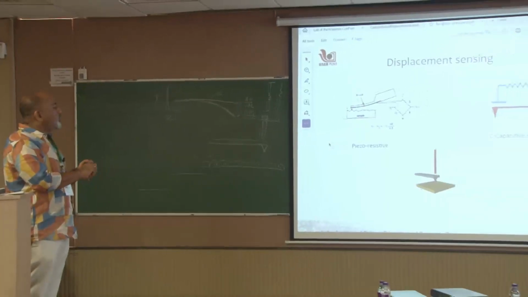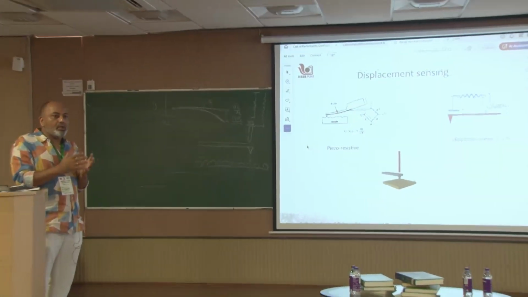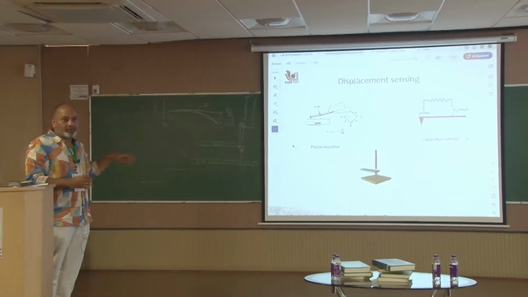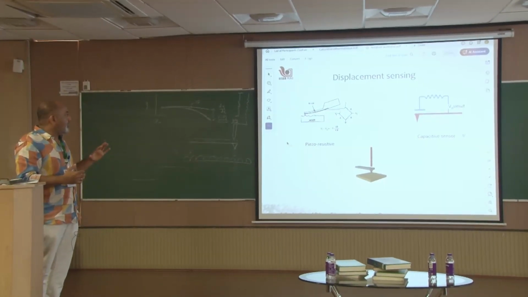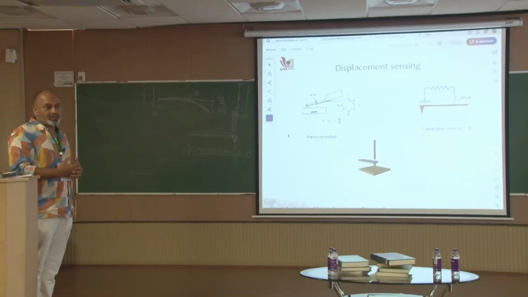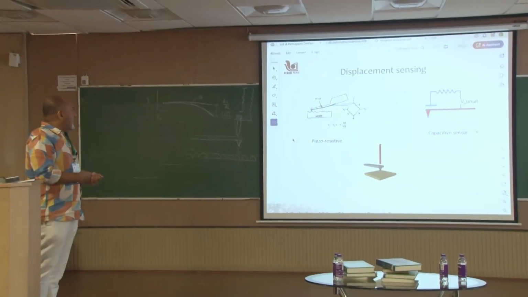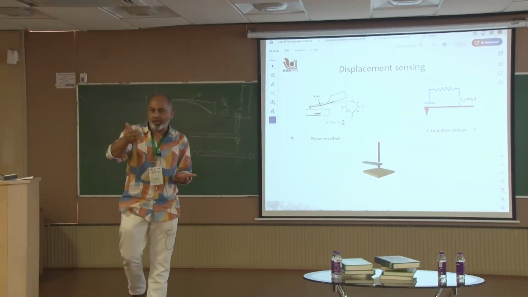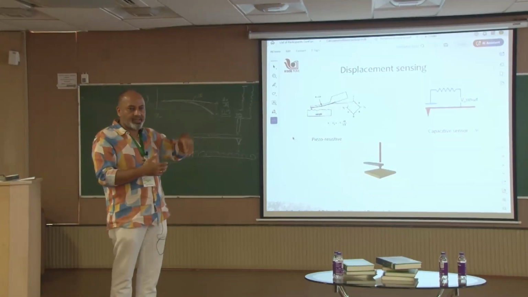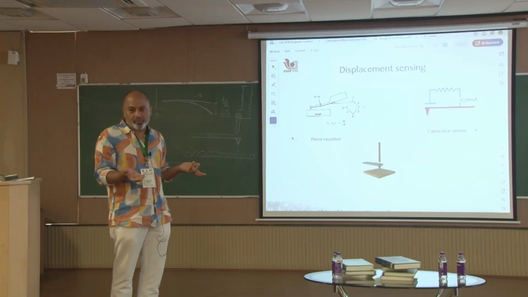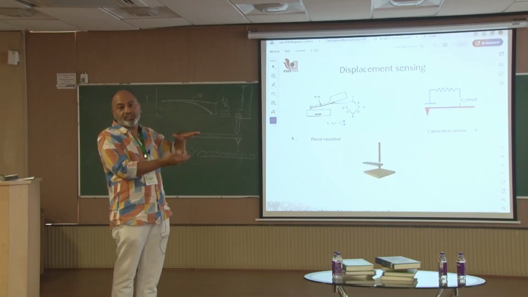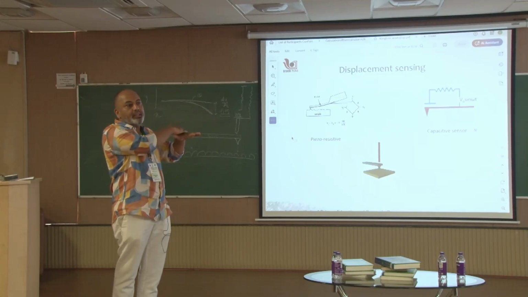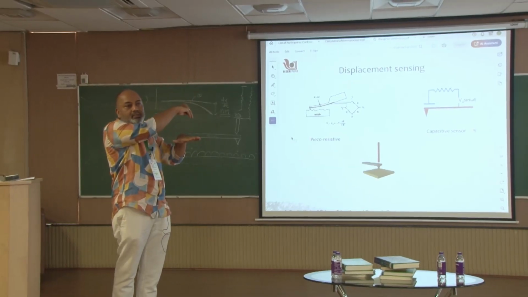Now before we go into the routine way of cantilever bending detection, let's also look at some other modes of detection. The very first one was tunneling, of course. Tunneling is how bending was measured, but that was too much of a problem because you got two junctions now. One is the tip and substrate junction, and then this cantilever on top of that is another junction.